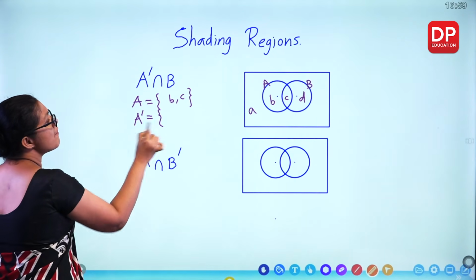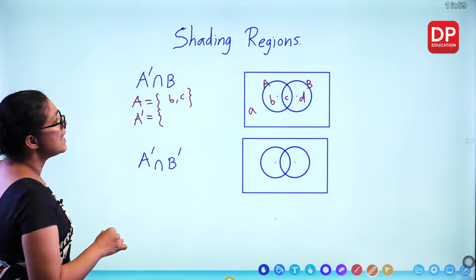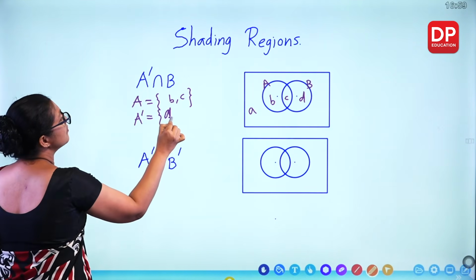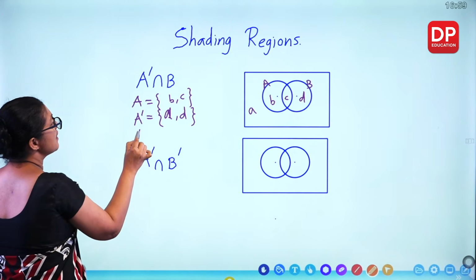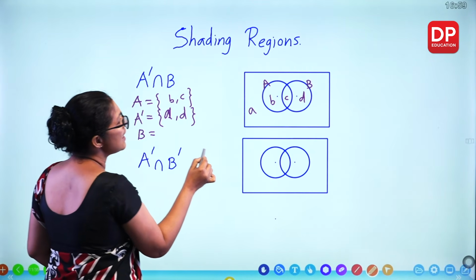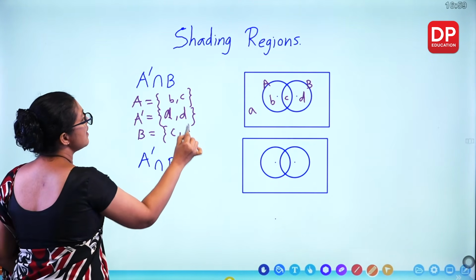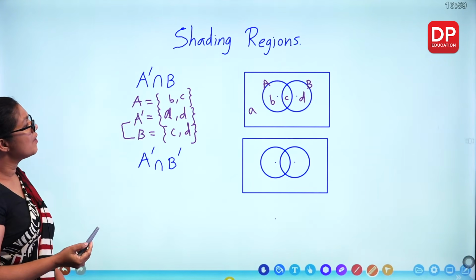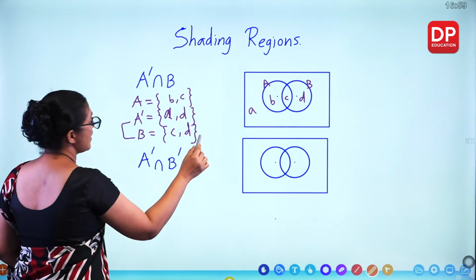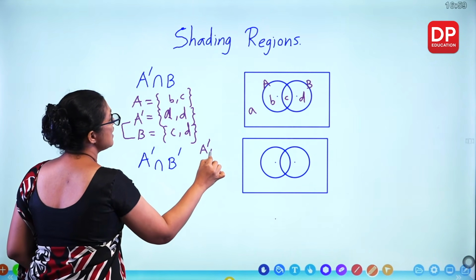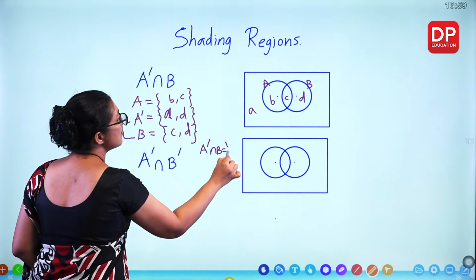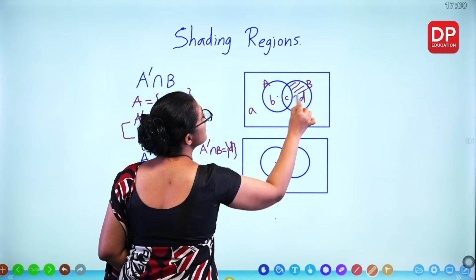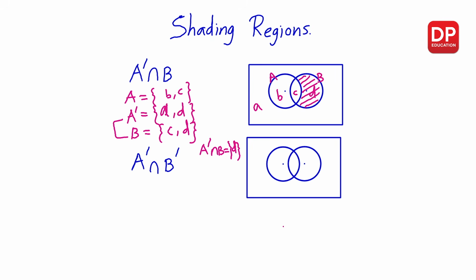A dash is everything outside A. Not B, D, A, D. What's B? B is C, D. Then what's common for A dash and B? Only D region. So I can write A dash intersection B is D, only D. So you can shade the D region. That's the A dash intersection B.